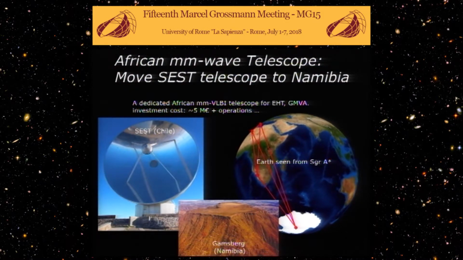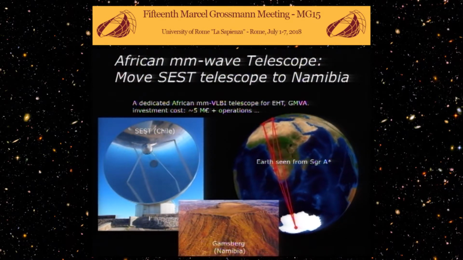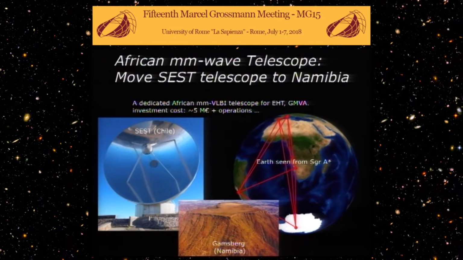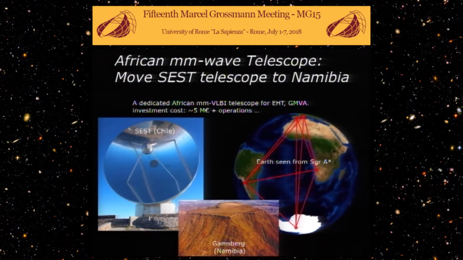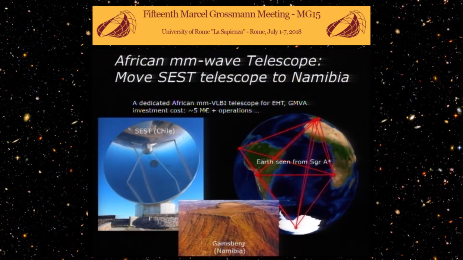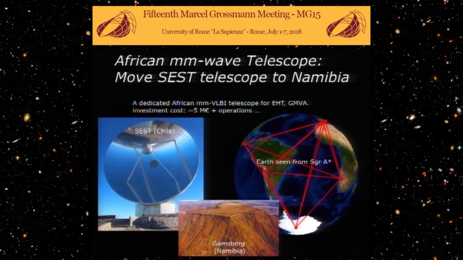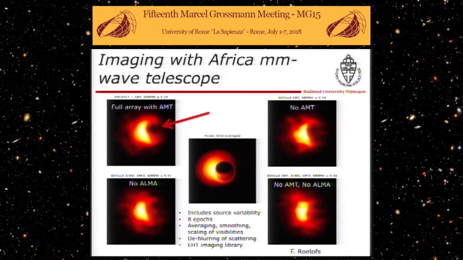I'm involved in a project trying to get a telescope into Africa, actually move a telescope from Chile to Africa, which is not a huge investment cost to do, and we're still open for partners to join if you're interested. Talk to me afterwards. And then you could get something like this where really a nice shadow is visible with a full array, including Africa. So then we can really do precision tests of GR with this.